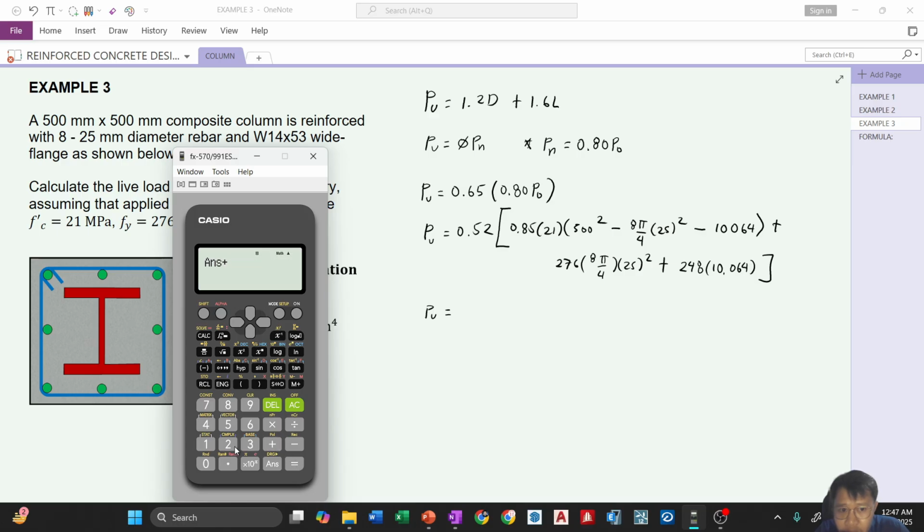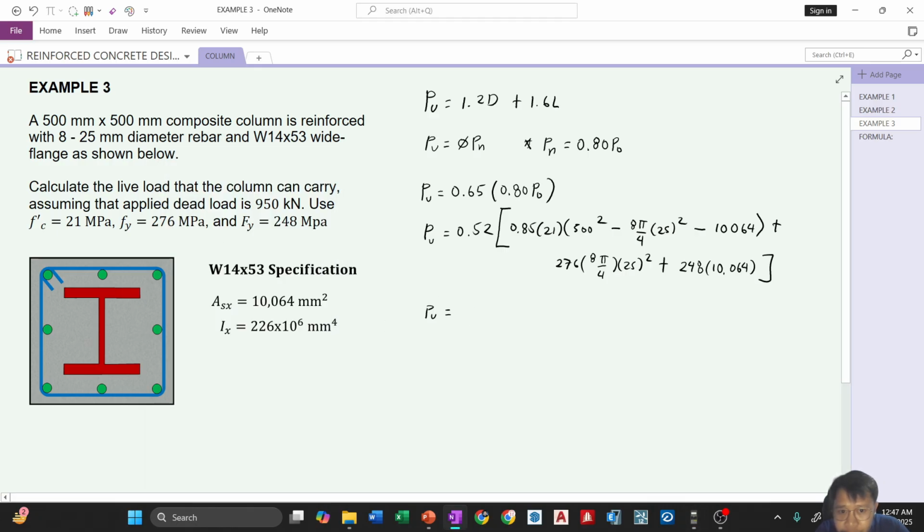Then we add also 248 times 10,064. Okay? So ito yung mga nasa bracket natin. Don't forget the 0.52. Multiply this all by 0.52. And then we divide this by 1,000 to make it kilonewton. Alright? So, ang Pu natin ay 4,052.09 kilonewton.